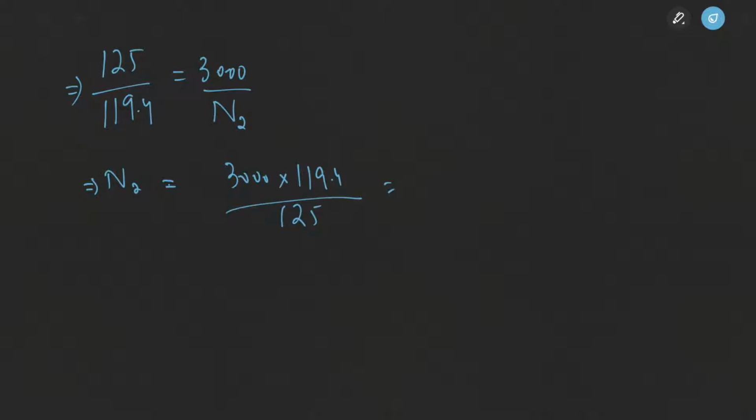This comes out to be 2866 rpm. So this will be your speed corresponding to a terminal voltage of 123 volts when this is acting as a motor.